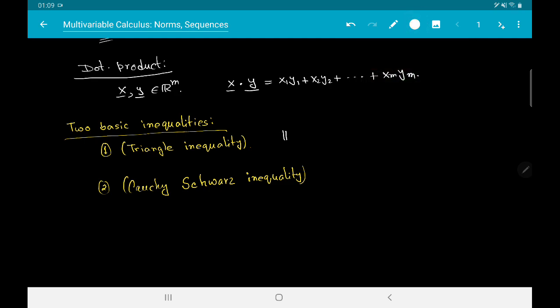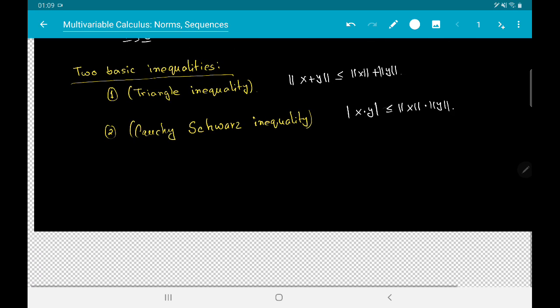The triangle inequality says that the norm of x plus y is less than or equal to the norm of x plus the norm of y. The Cauchy-Schwarz inequality says that if I take x and y, take their dot product, and take the modulus, here there is no point of taking the norm because x dot y is actually a scalar, and you have seen before that the norm of a scalar is nothing but the modulus of the scalar, then this is less than or equal to the norm of x times the norm of y.